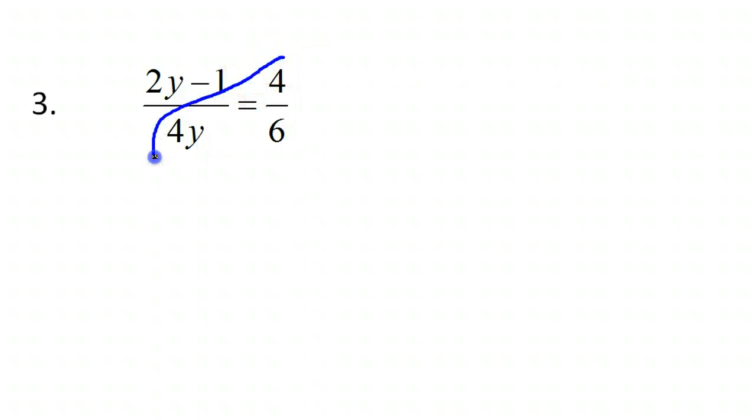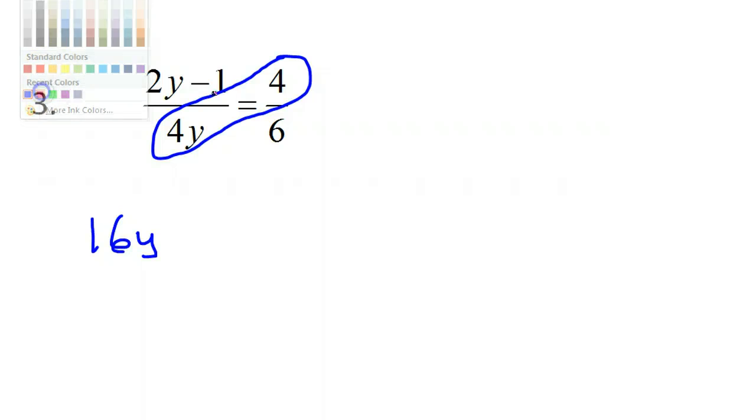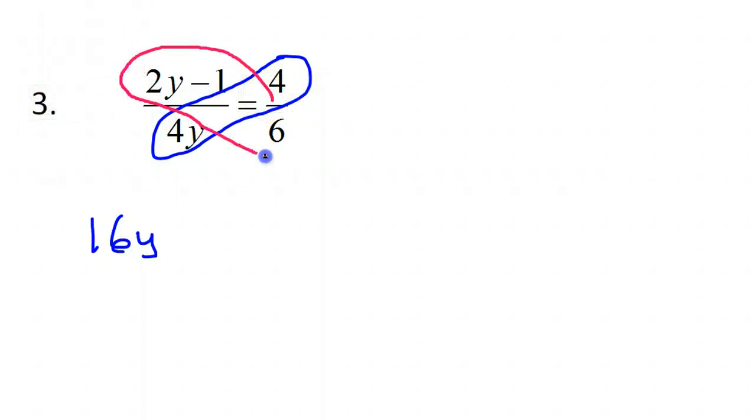Okay, so here again, let's cross multiply. So 4y times 4 is going to give me 16y. And if I do 6 times 2y minus 1, now I can go ahead and distribute this. So that's going to give me 12y minus 6.